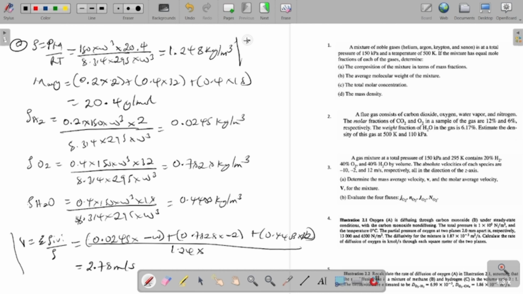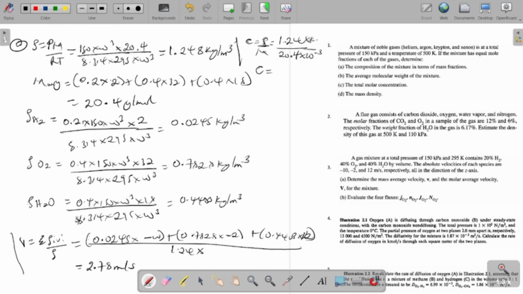We know that C is equal to ρ over M, so I can use 1.248 divided by 20.4. This one is in kilogram per meter cube, and this one is in gram per mole, so I have to multiply by 10 to the power -3 so that I get it in terms of kilogram, so that I can work with it, right?